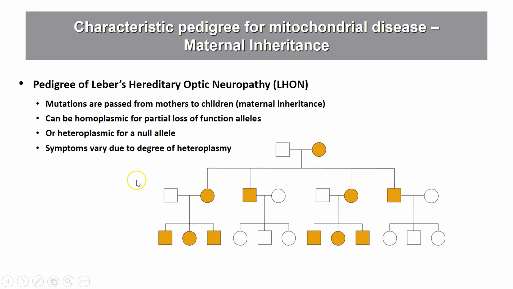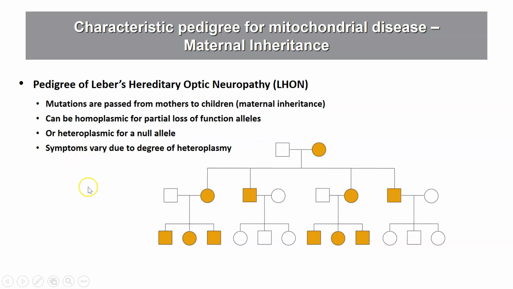Now, if somebody inherits a homoplasmic, partial loss of function, hypomorphic allele, the symptoms are pretty standard among individuals with that condition. But if somebody is heteroplasmic for a null allele, the symptoms can vary quite a bit.